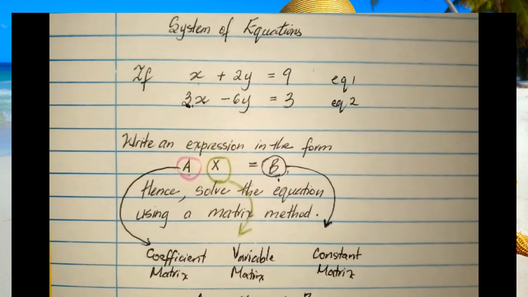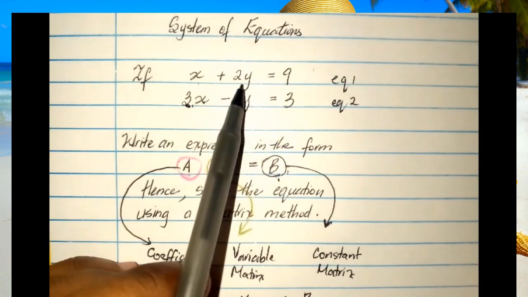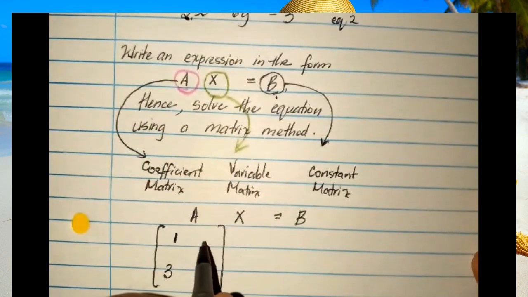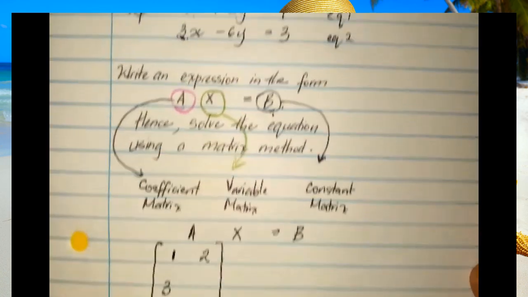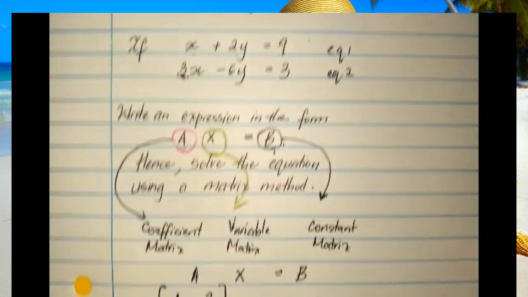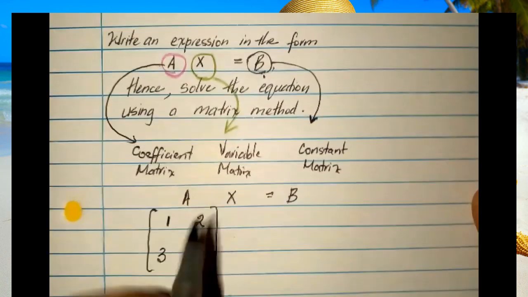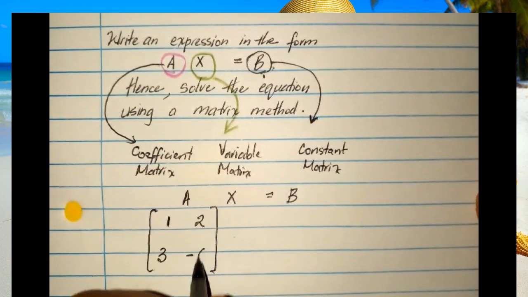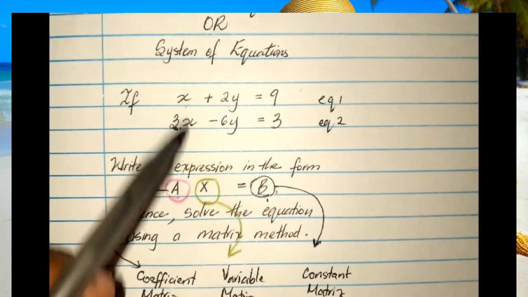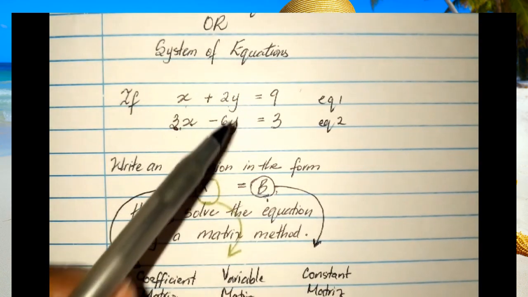Next, I'm just looking at it and picking out the values. 2 is here, so I'm going to put 2 right beside the 1. And there's a negative 6 beside this one, so I'm going to put negative 6 right here. It is important that you notice that all the X's are lined up and all the Y's are lined up.